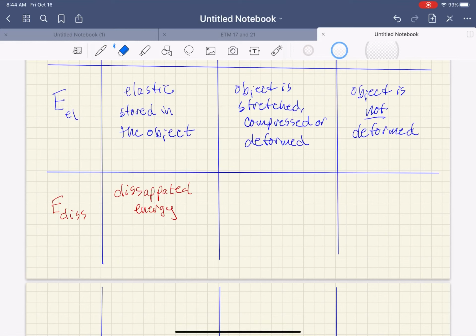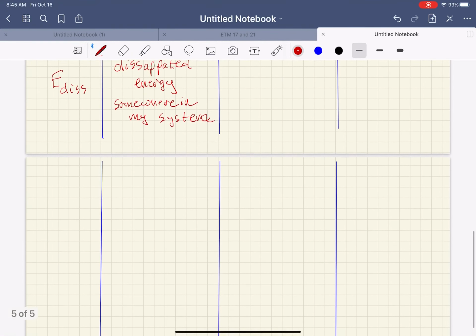So it's stored somewhere in my system, maybe someday I'll learn how to spell. And it's due to particles moving faster.